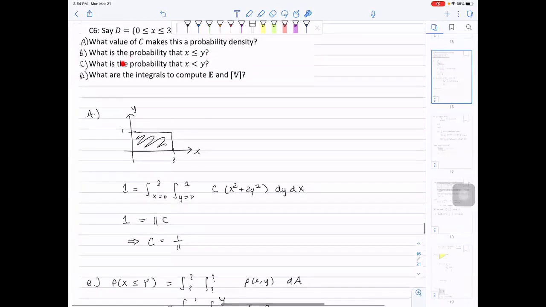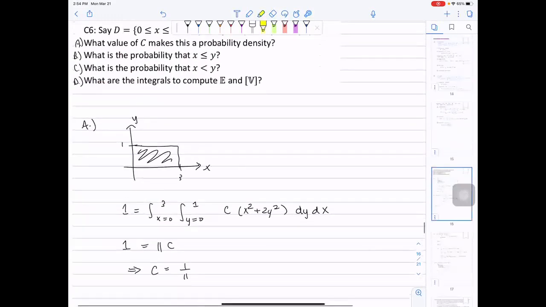Okay, then part C says, what is the probability that x is less than y? Does anyone have a suggestion for what we should do for that? Notice that the difference is we don't have the equal sign anymore. Yeah?